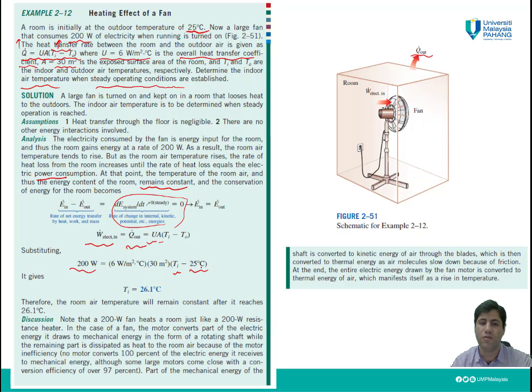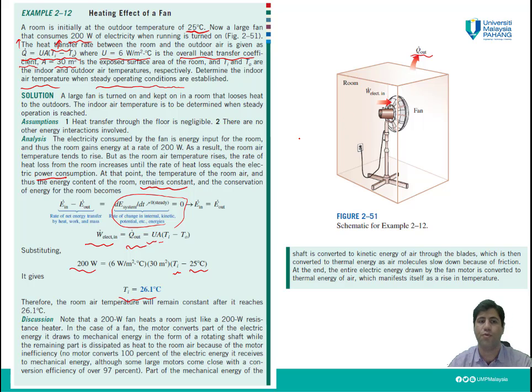By rearrangement, we can calculate Ti for this system, or for the air, which is the temperature of the indoor after this process. It will be 26.1 degrees Celsius. You can see here an interesting result for this example.